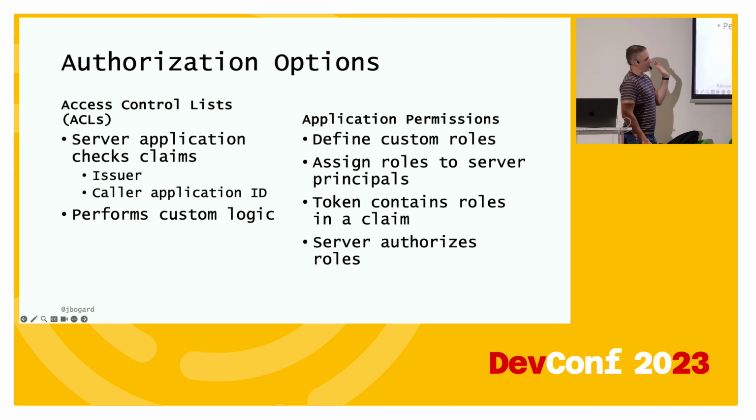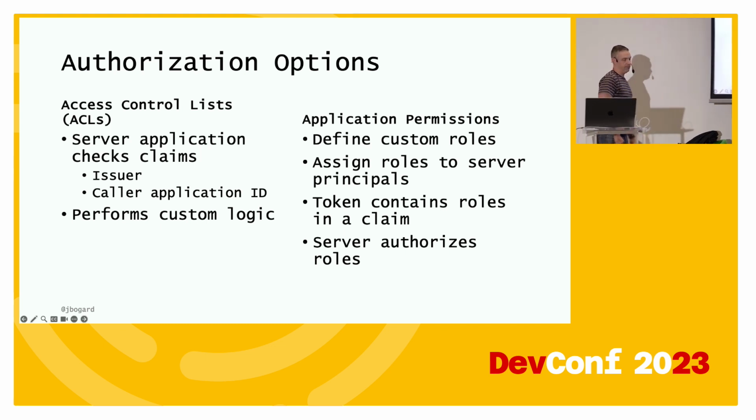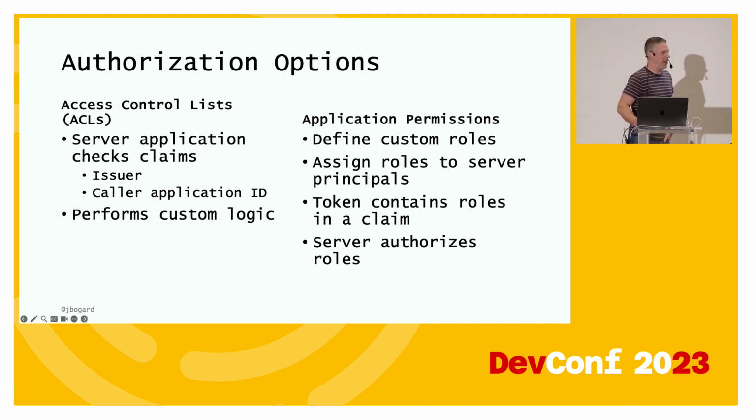The option that Azure itself provides out of the box is application permissions. With application permissions, we define custom roles, and I put quotes around that because they're not really roles, they're just permissions. And then we assign those permissions to specific principals, which can be users, groups of users, identities, or applications.